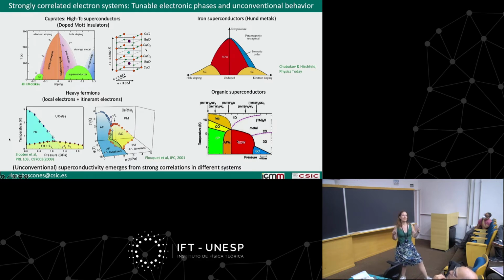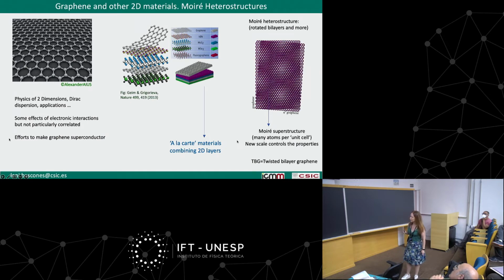So it's not like the BCS superconductivity that we normally learn in our solid-state course, which is due to electron-phonon interaction. Normally, the repulsion between the electrons is believed to be at the heart of the pairing between the electrons.